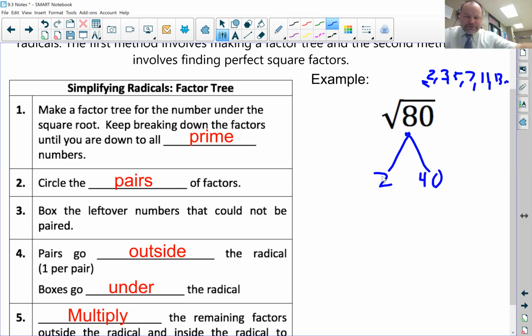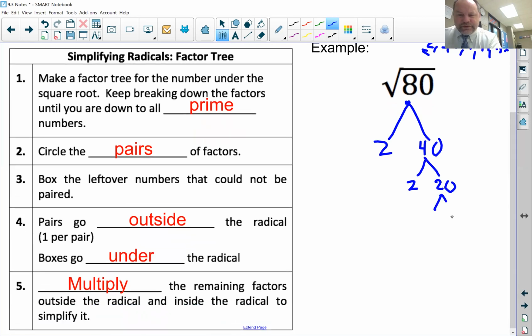Now I've got my prime number 2. I don't have to worry about that anymore. 40 is even, so 2 times 20 is 40. Again, I've got that prime number 2. 20 is even, so 2 is a factor. 2 and 10. And 10 is even, so 2 is a factor. 2 and 5.